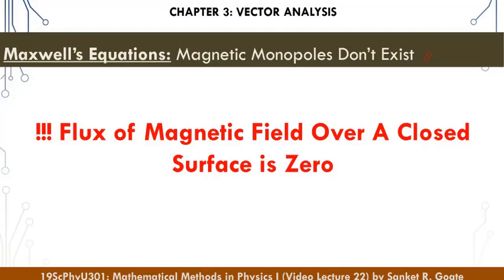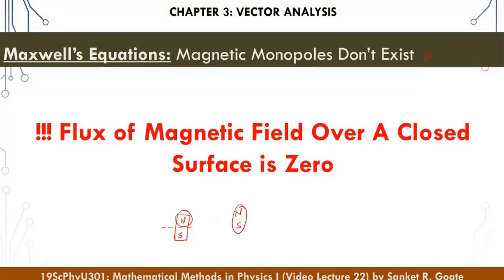But we know that if you have a north pole, there is definitely a south pole associated with it. You cannot break this magnet and obtain only a north pole, because if you cut the magnet into two pieces, what you get is again north and south poles.